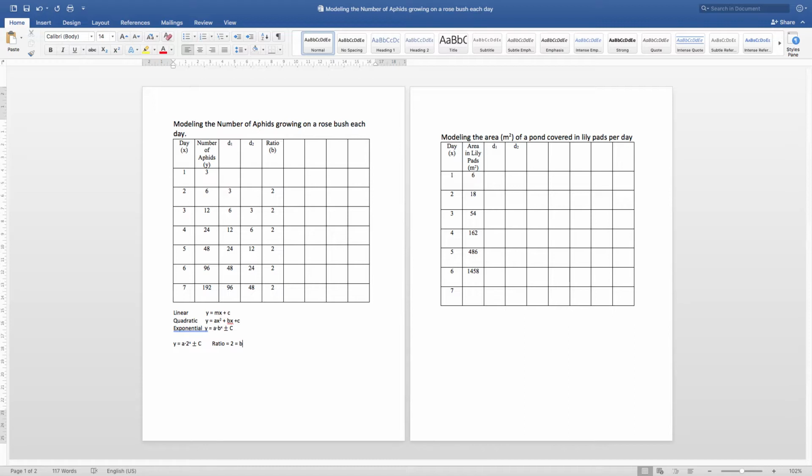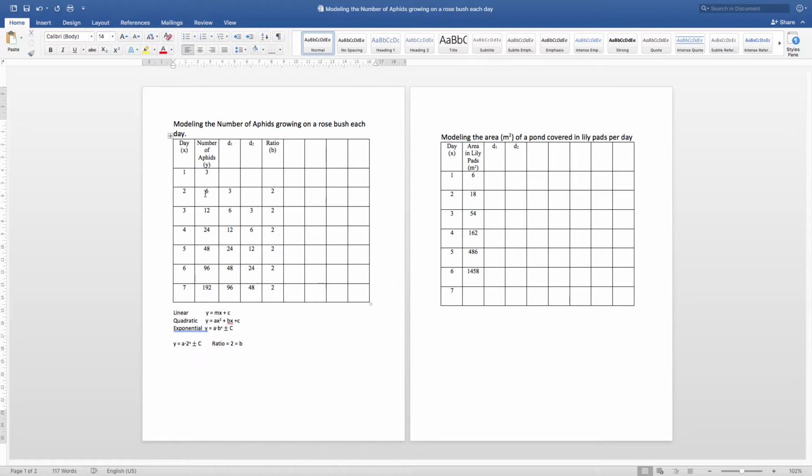And a is where it cuts the y-axis, or what is the value of y at x equals 0, which would be one step back from here.